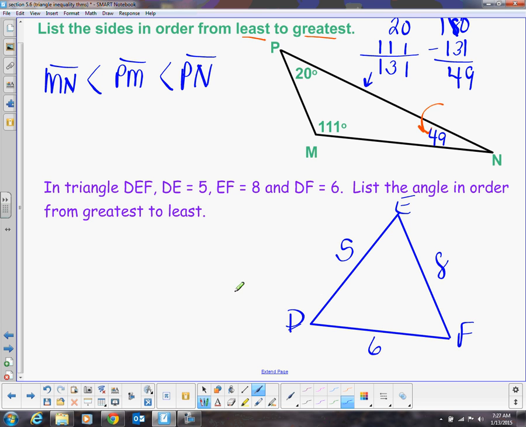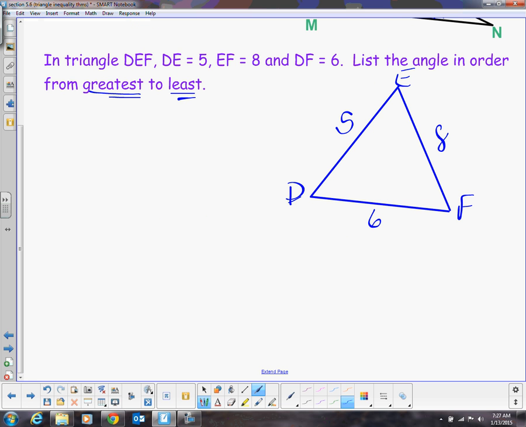All right, Karen, we want to do greatest now to least. So I know my sides. What is my biggest angle? Angle D is opposite 8, which is the largest. What's my medium angle? McKenna? E. Hope, what's my smallest angle?